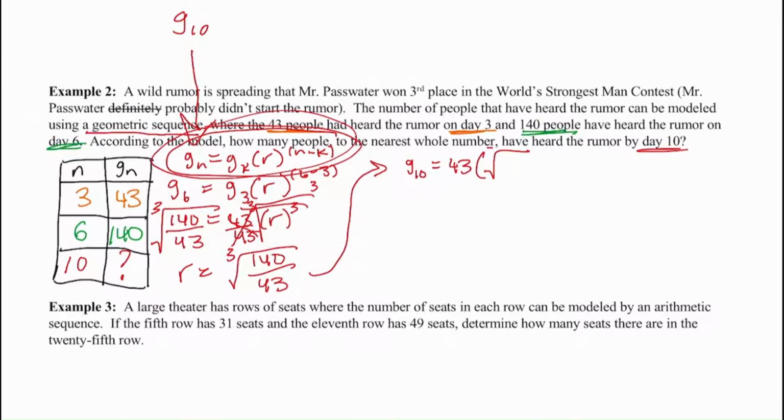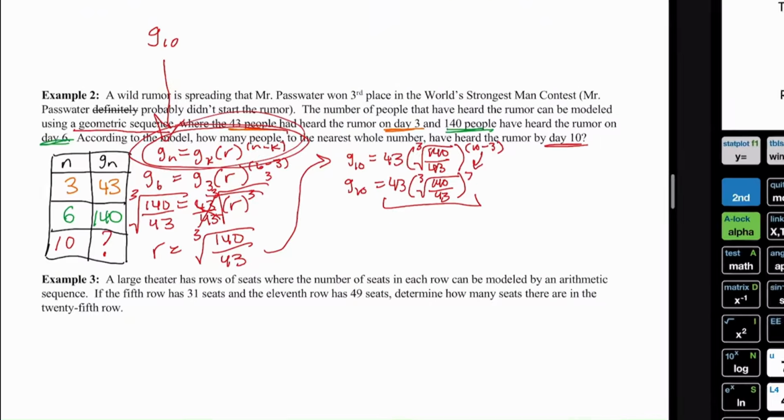Cube root of 140 over 43. We don't have it simplified, but we can just put it into the calculator. And then 10 minus 3, n minus k. So g of 10 is equal to 43, this number, to the power of 7, that right there. And then we simply just do that in the calculator.